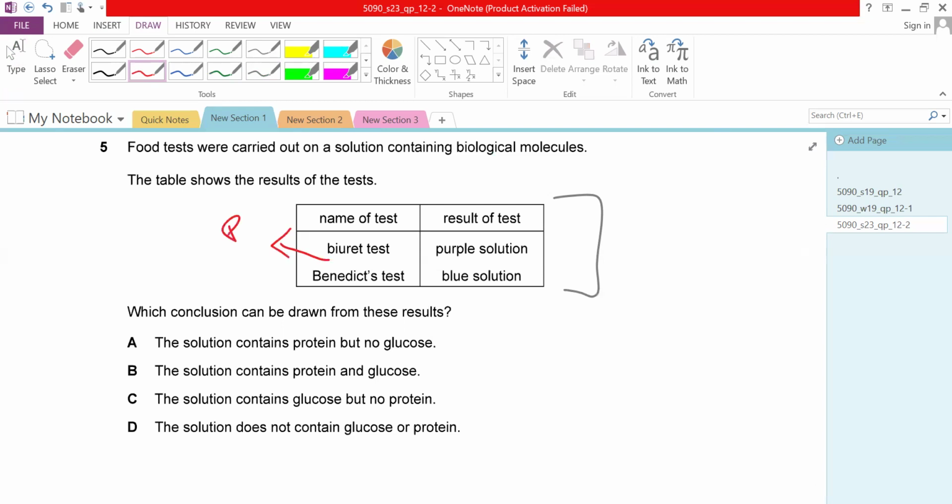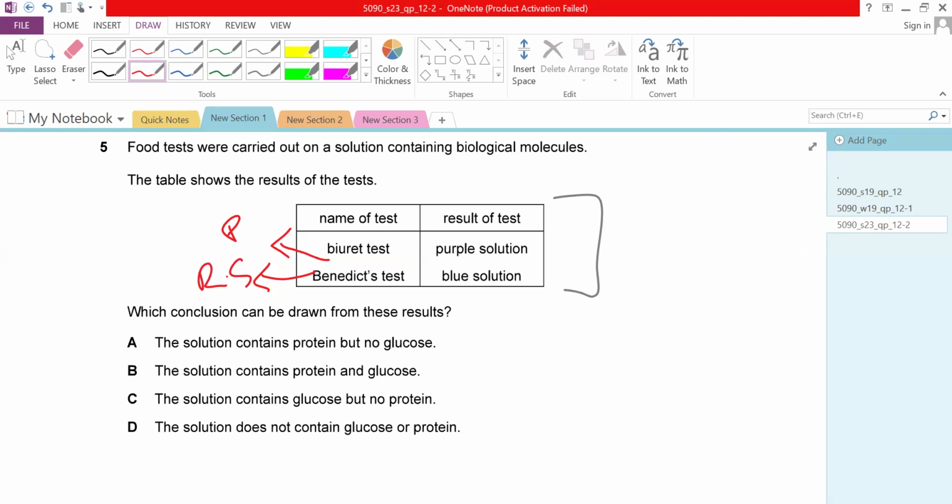Biuret is the test for proteins, and Benedict's is the test for reducing sugars, or you can say glucose. The solution contains protein but no glucose. Or the solution contains protein and glucose. The solution contains glucose but no protein.